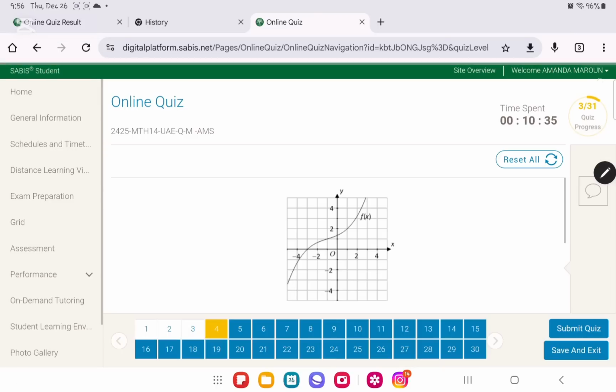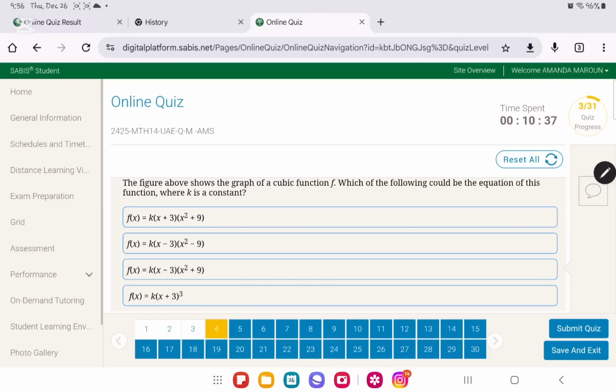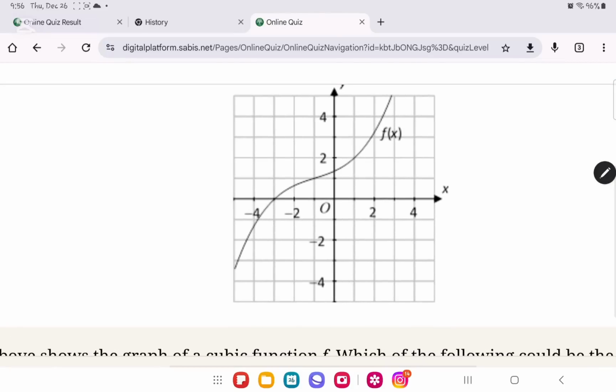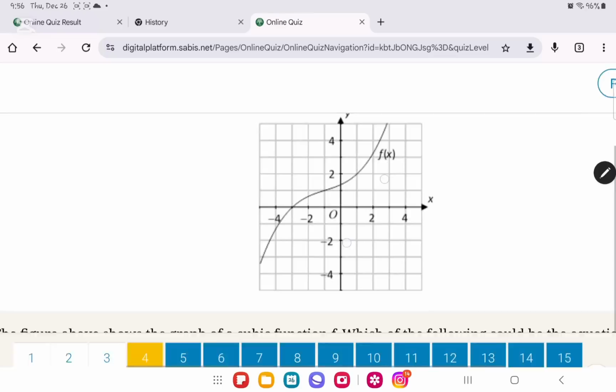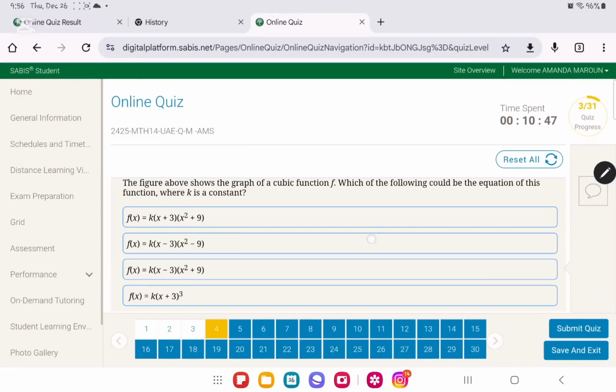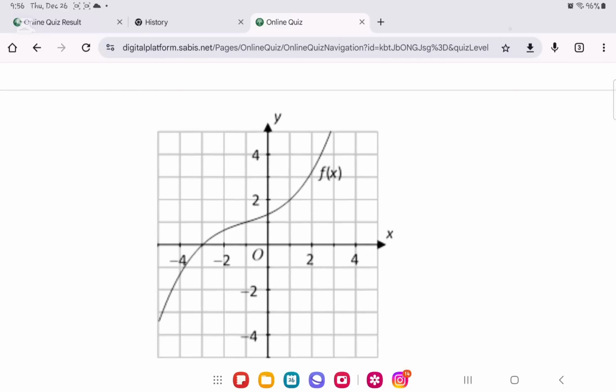Alright, so now we move on to question number 4. This is also a really important question. Now, the first thing we're going to do when looking at a question like this is look at the x-intercepts. In this case, we have only one singular x-intercept, which is -3. In other cases, there are many more x-intercepts, which we might encounter later on.